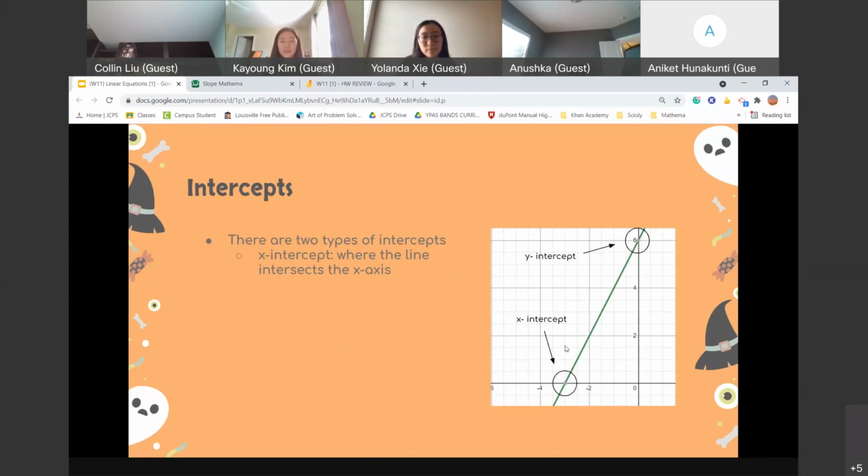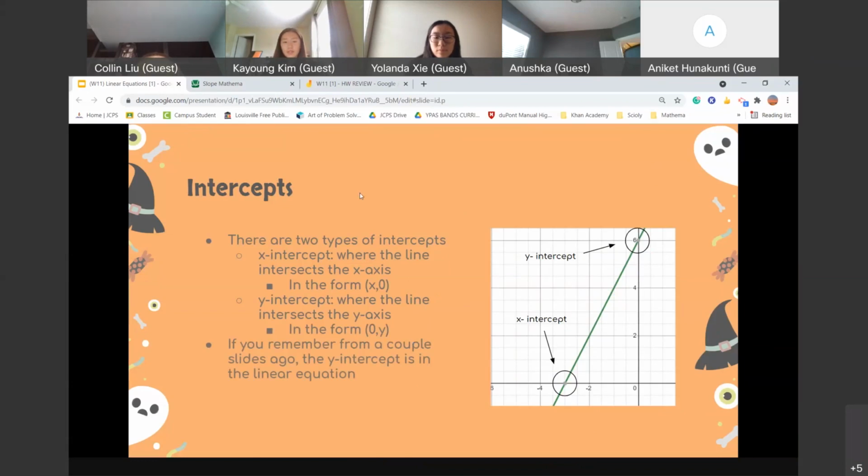Remember, the x-axis is the horizontal one, right? And it's in the form x comma 0. So right now, the one in the picture would be -3 comma 0. And the y-intercept is where the line intersects the y-axis. So it's here. And it's in the form 0 comma y.